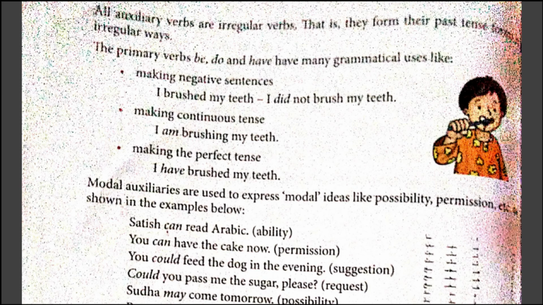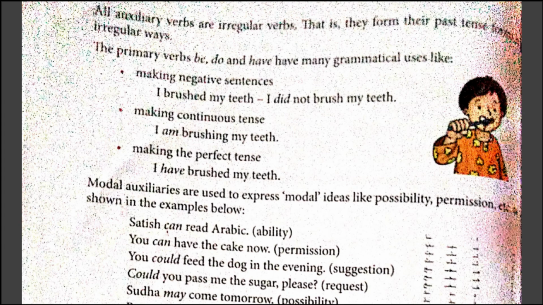Next we have modal auxiliaries, which are used to express modal ideas like possibility, permission, etc., as shown in the examples below. First, Satish can read Arabic. Here the ability of Satish is being shown, so we use can.